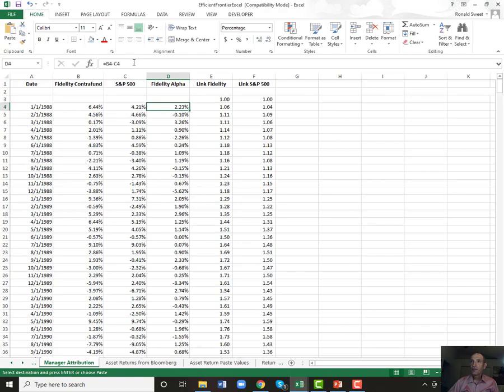Calculate the alpha, which is just your return minus the S&P. You want to link those two starting with $1, and you just link it by multiplying it by open parentheses 1 plus each month's return. Copy that all the way down. You do it for your fund, you do it for the S&P 500. That's as far as we got today.